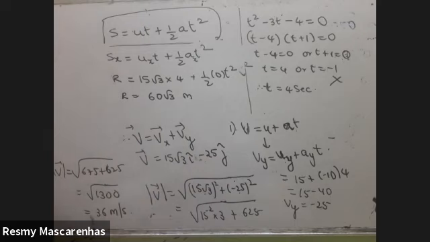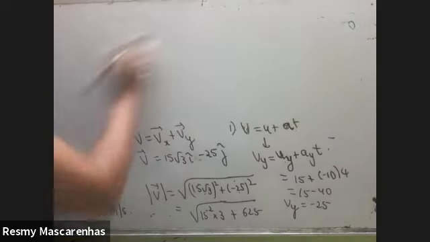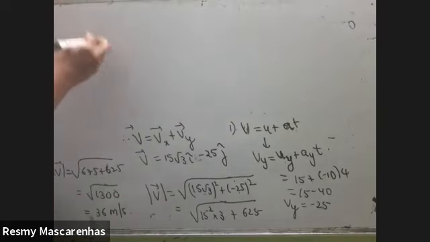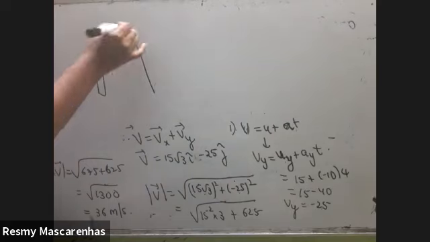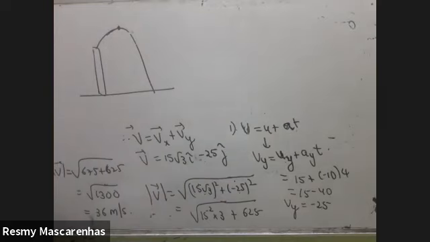Now, last part, find the time taken by the ball to reach maximum height. Maximum height means here, when it reaches its peak. At maximum height, can anyone tell me what will happen to the velocity? Vx will always remain same.